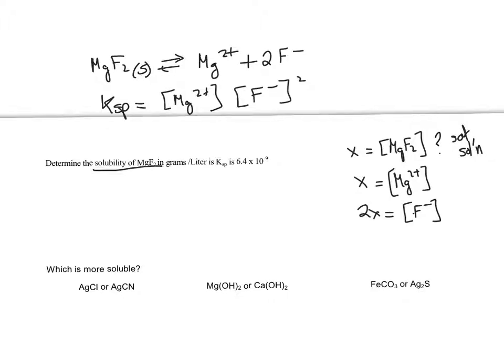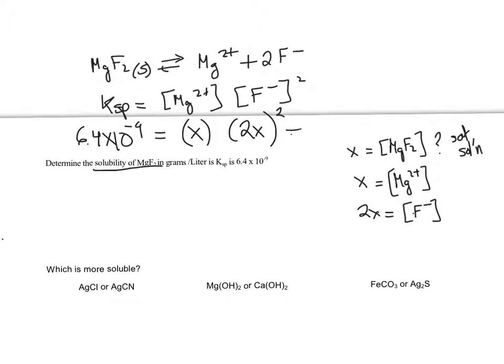There are two fluoride ions in one MgF2. So what I could do then is plug in X for the concentration of the Mg2+ and 2X for the F-. So I'll go ahead and do that. So this is X, and then this is 2X, and then don't forget that that is squared as well. My Ksp is given to me as 6.4 times 10 to the negative 9th.